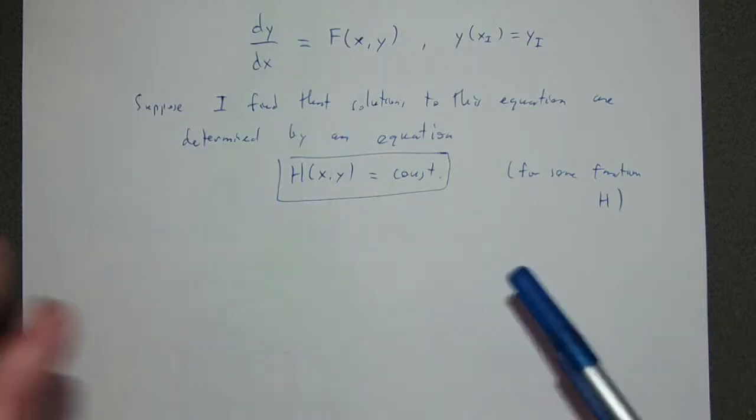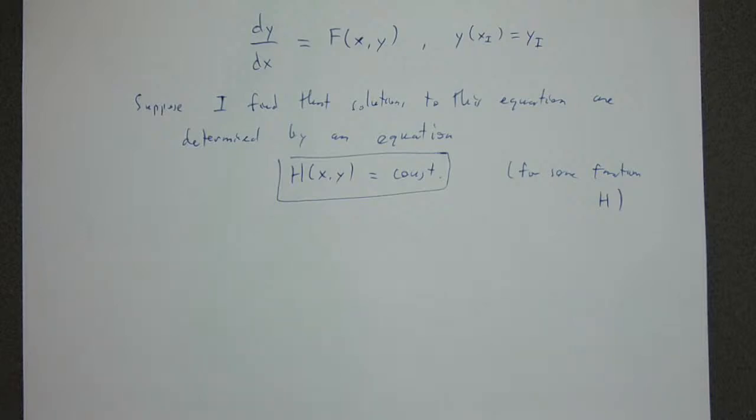Okay, so sometimes this is as good as you can get, but as I mentioned, we're actually relatively happy with that. Even if it's not an explicit solution, it still tells us a ton about what's going on. It's almost as good as having an explicit solution.